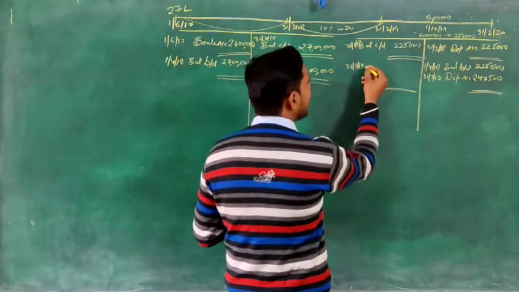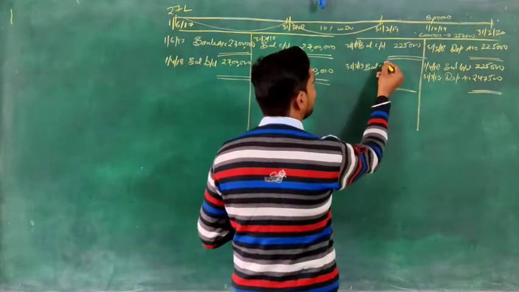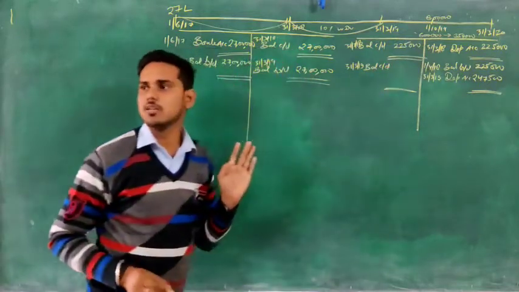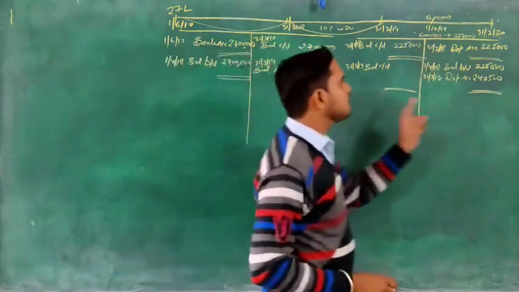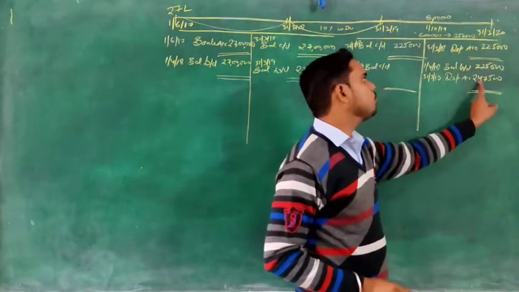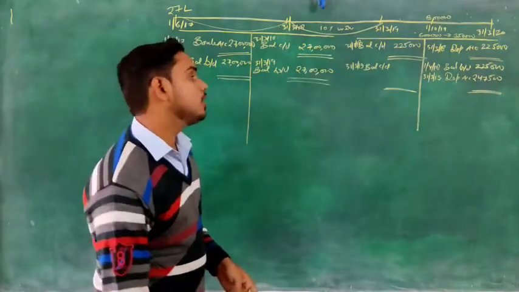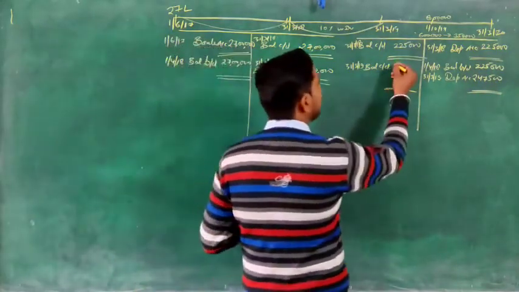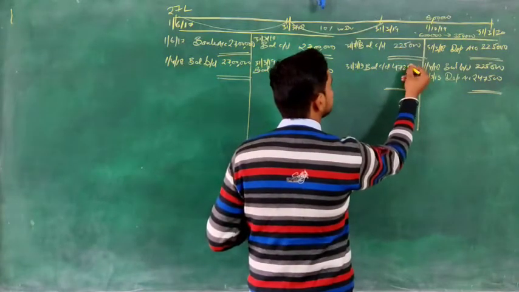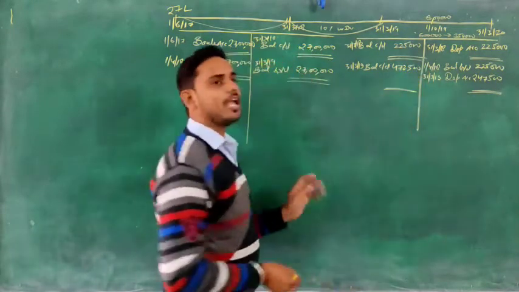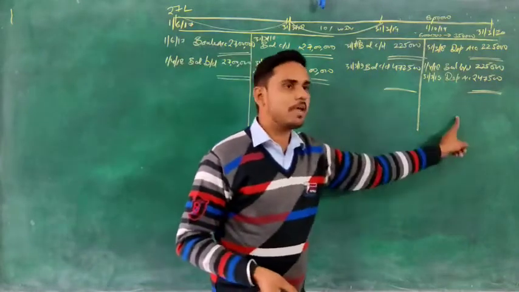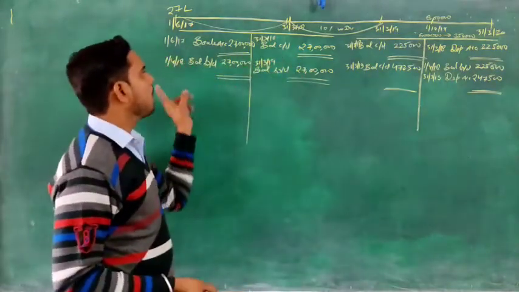Okay, and we are having only one machine. We have not purchased any other machine. So total depreciation on that machine will be 225 plus 247500. So the total depreciation will be 4,72,500.